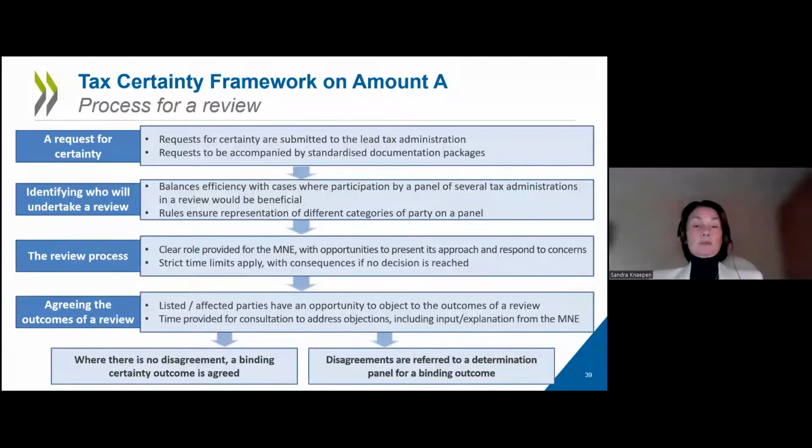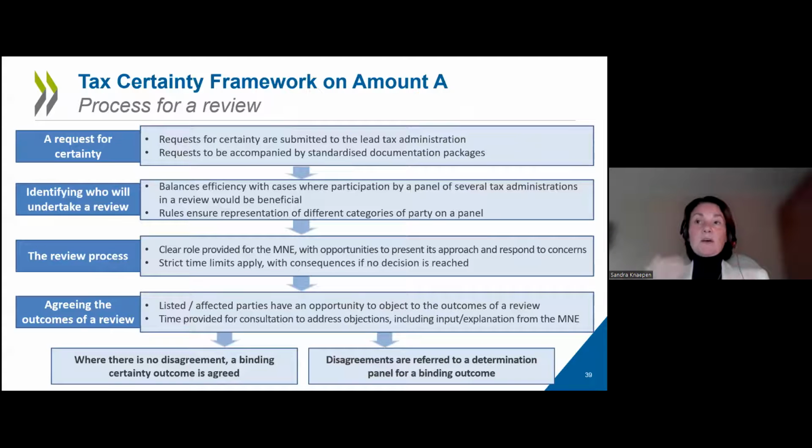Now, once a review is complete, a summary of the outcomes will be exchanged with relevant parties to the MLC, which are then given the opportunity to either agree or to object to the outcomes. Where there are objections, to save time, there is an opportunity for consultation again with the M&E, where they can ask for additional explanation to see if an objection can be withdrawn.